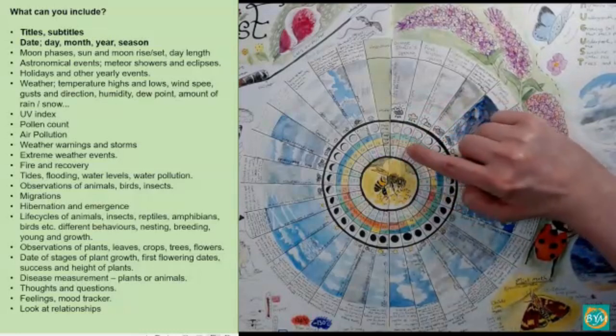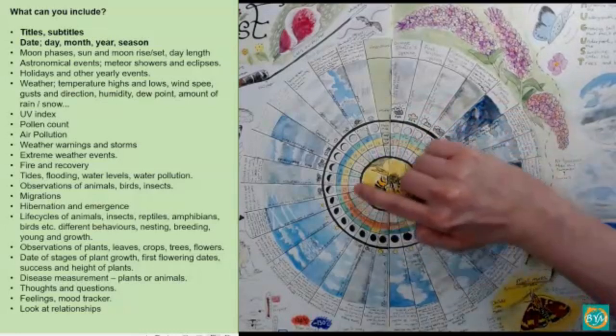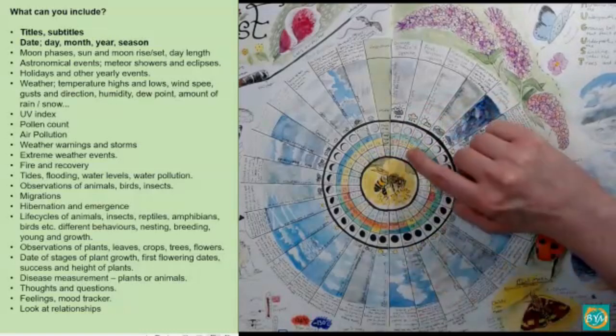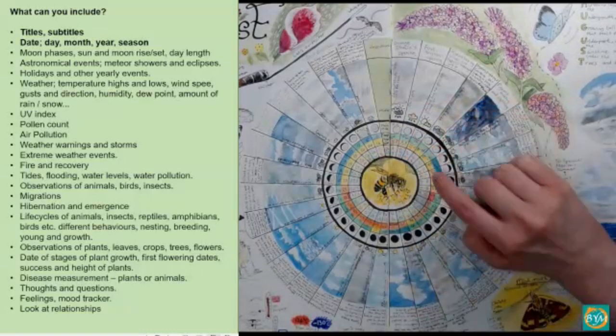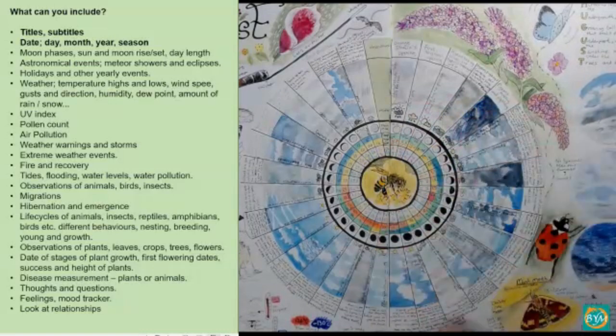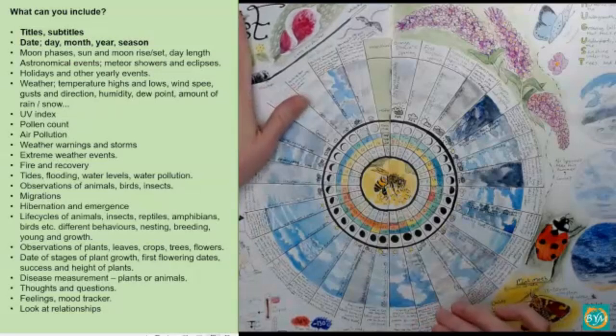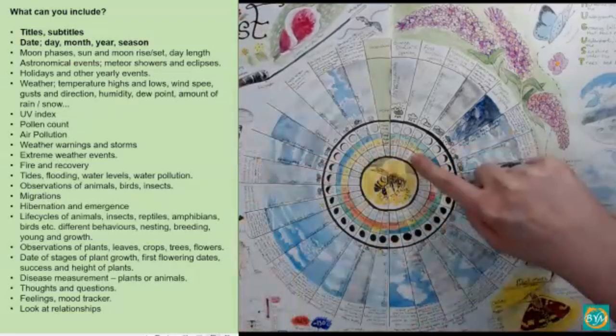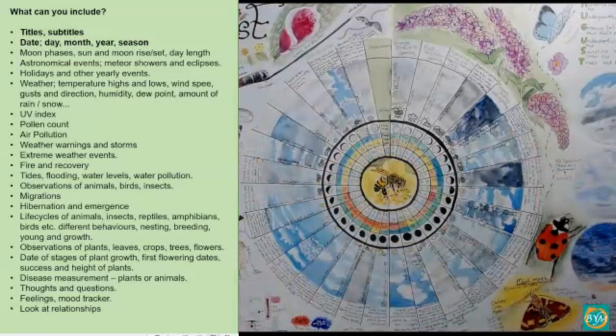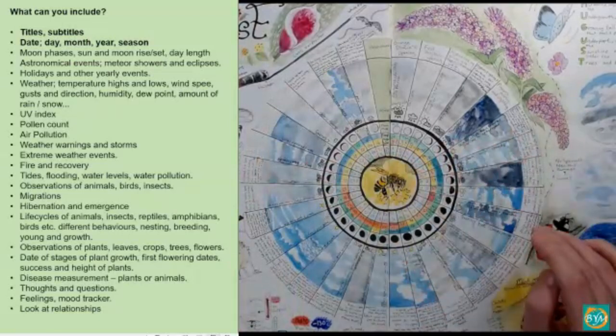So 1, 2, 3, all the way around to 31. And then a letter for Tuesday, Wednesday, Thursday, Friday, Saturday, Sunday, etc. So I've got my month and the year. I've got each of the days in the wheel. So that gives me a nice precise time period in here.